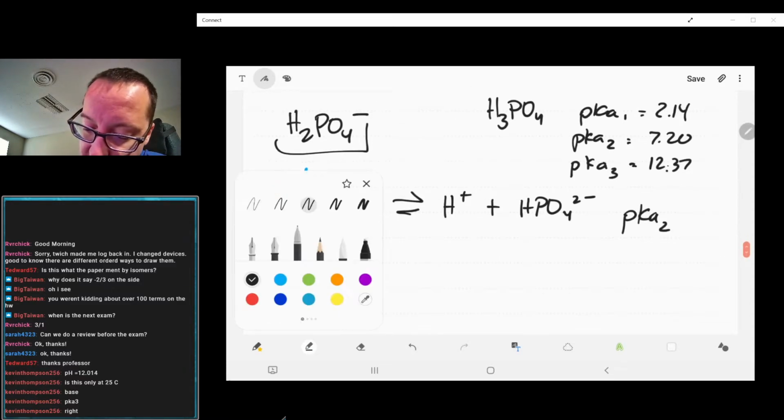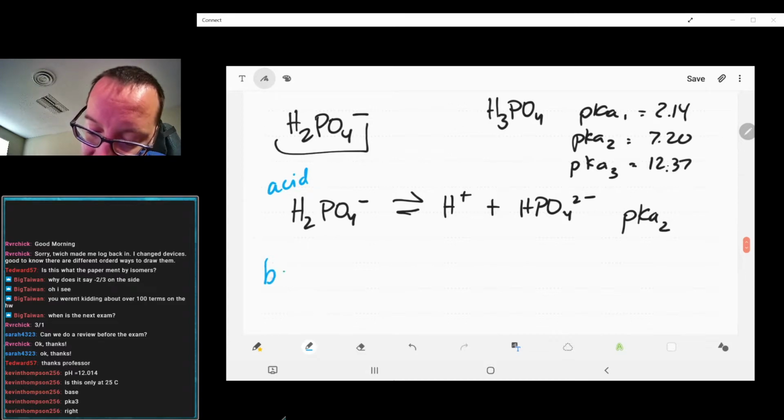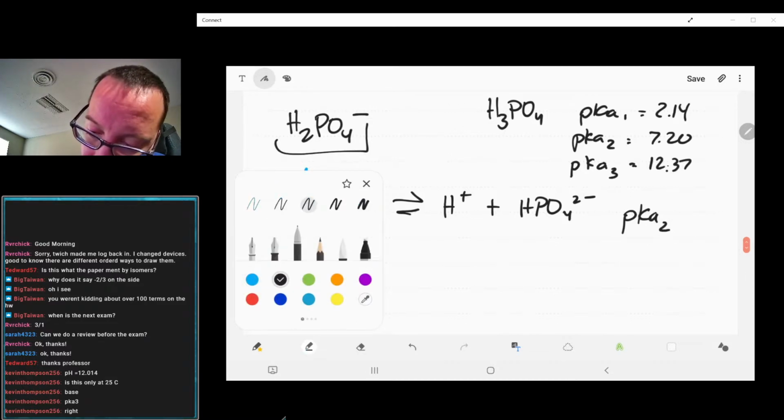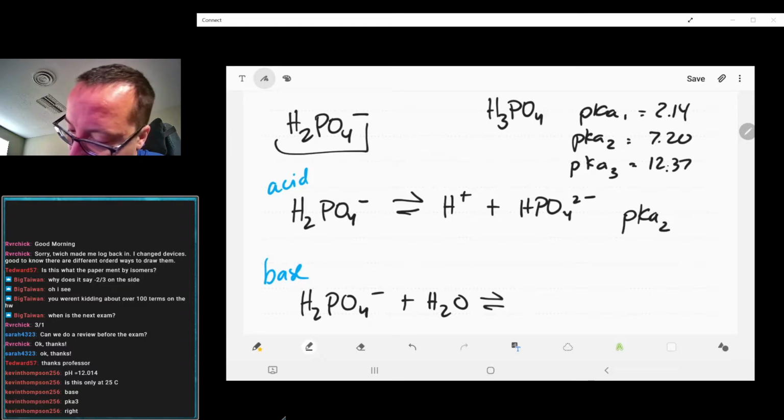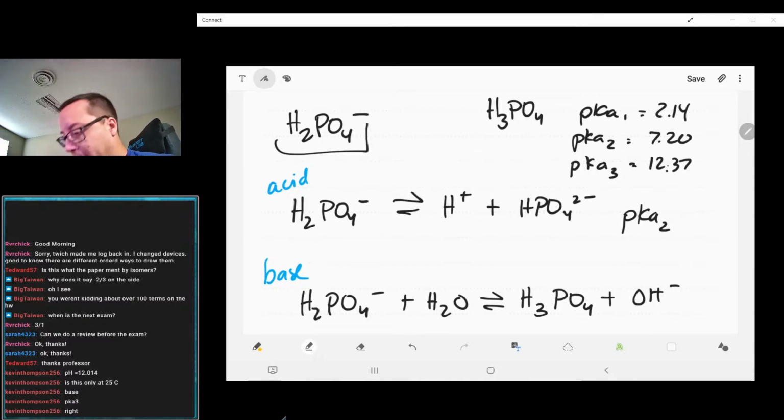All right, if we're looking at its ability to react as a base, we're looking at this equilibrium. And so which pKa is this one going to correspond with?